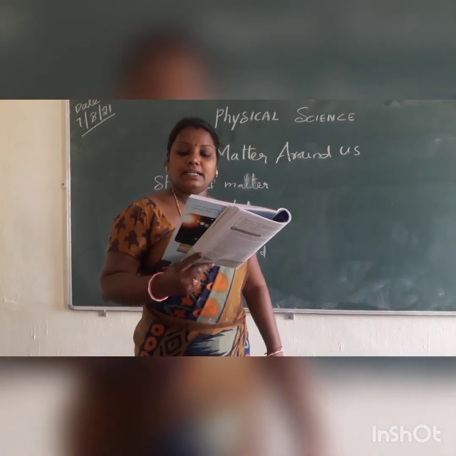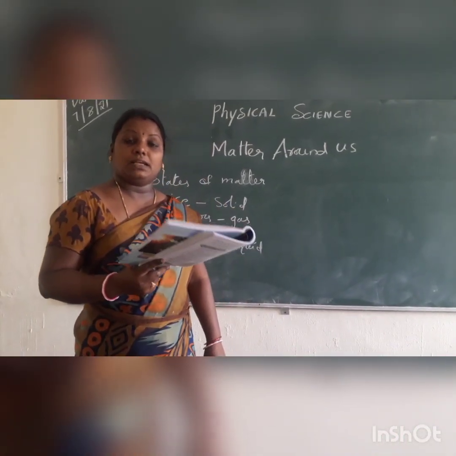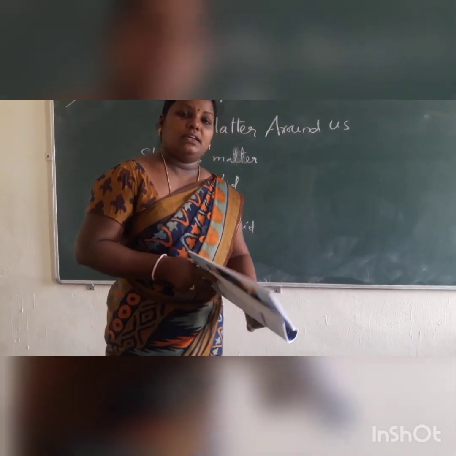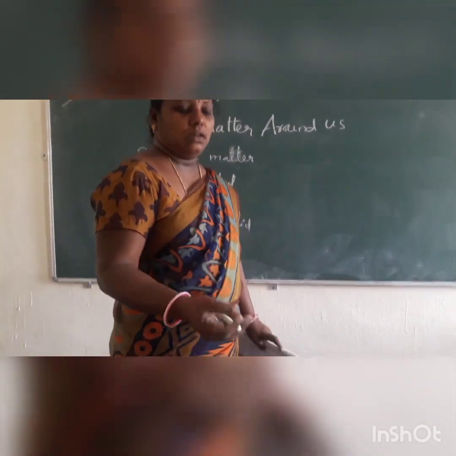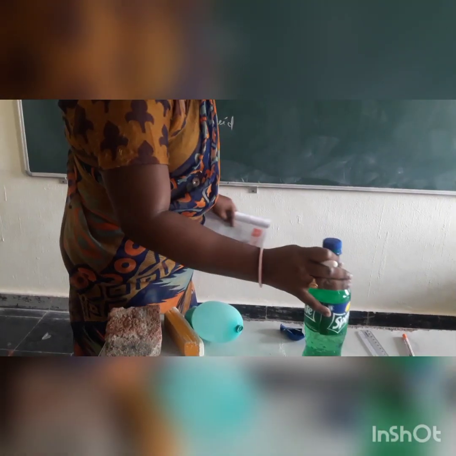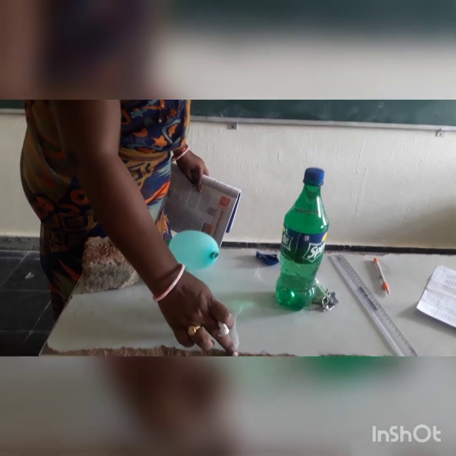But is it a solid? No, it is in a liquid state. What are the properties that lead us to consider petrol or milk as a liquid? When we pour water on the floor, it flows down.